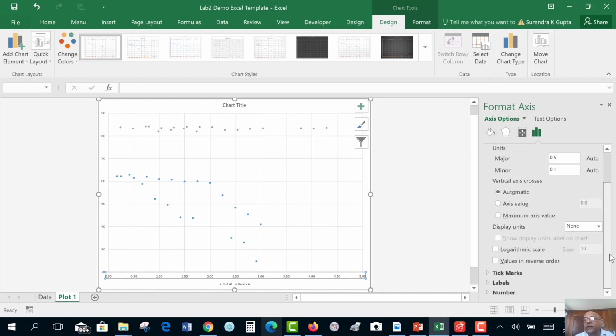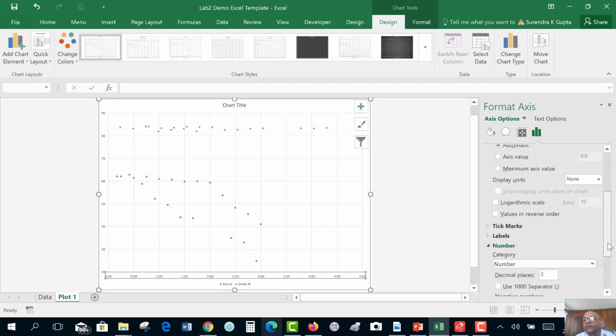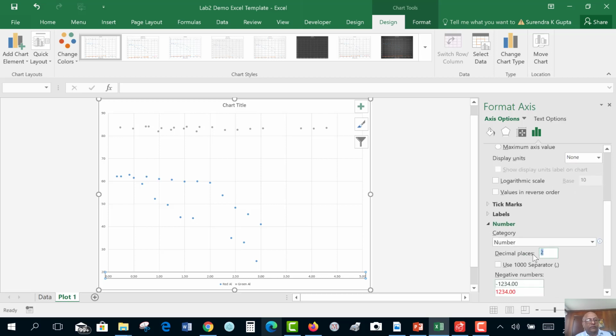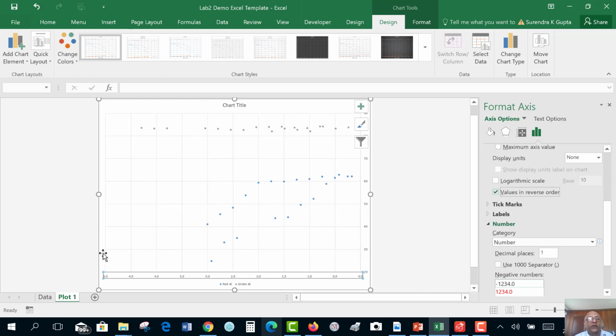So we want just one decimal digit. And we want to put values in reverse order because remember we are going towards the failed edge. So we want strength to increase or hardness to increase. So I reverse this order because then this is the failed edge. So this is how we plot the stress strain curve typically.